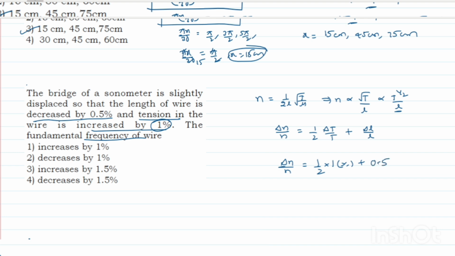So 1 by 2 of 1 is 0.5, plus 0.5, then delta n by n is 1%. This is a 1% increase, students.